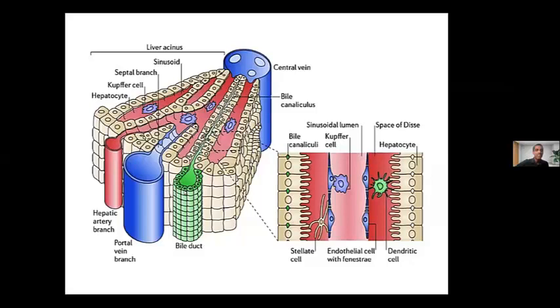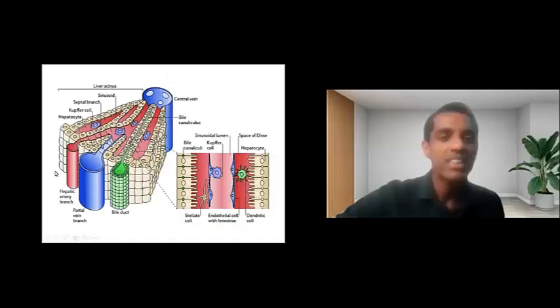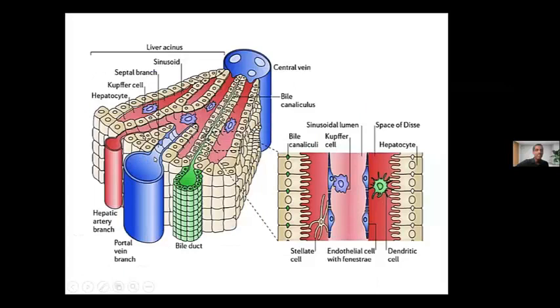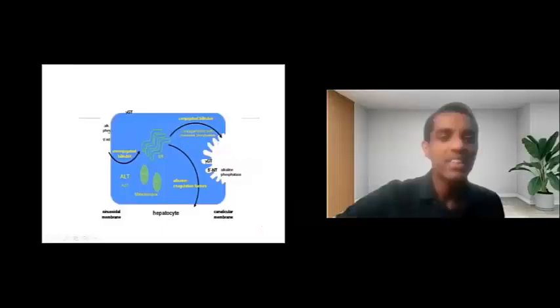The blood supply is from the hepatic artery branch and drains into the central vein. The other blood supply is from the portal vein, 70%, and 30% from the hepatic artery. If there is obstruction, you will get elevated alkaline phosphatase and the gamma-GT.